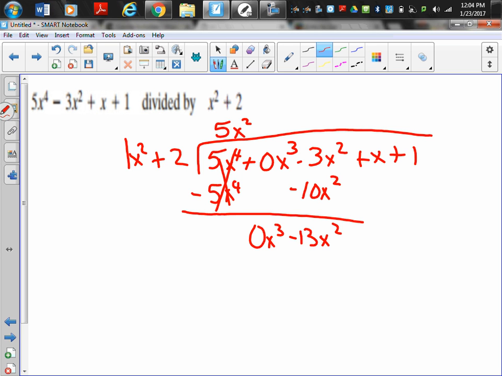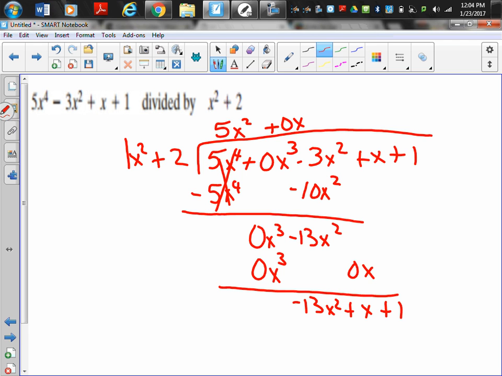Alright, so 1 times what is 0? 0. So I have plus 0x. So that gets me 0x cubed. And 0 times 2 is 0x. So I have negative 13x squared plus x plus 1.